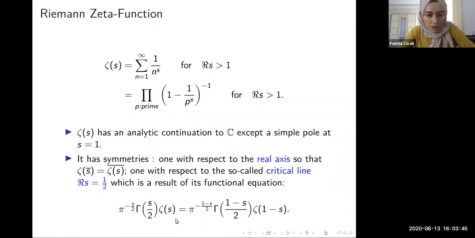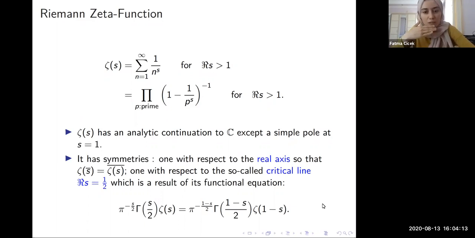Another thing you can observe is that, from the infinite series of the zeta function, we know that zeta is real valued when s is a positive integer. And from the functional equation, you can also see that zeta is actually real for any real s. That will give us a symmetry with respect to the real axis.